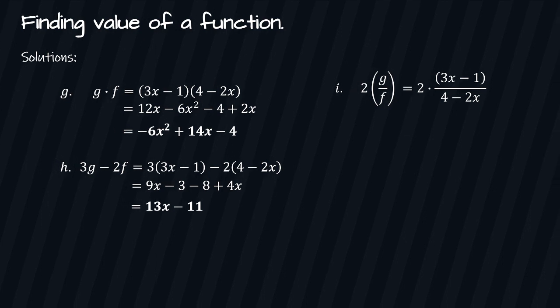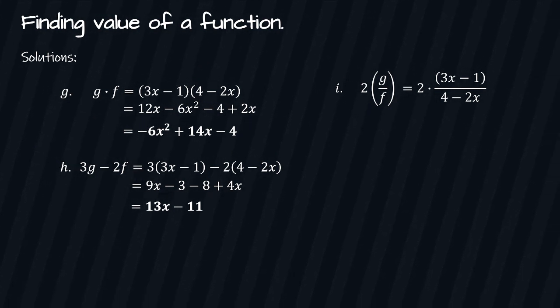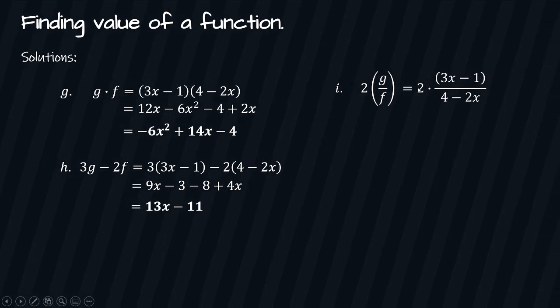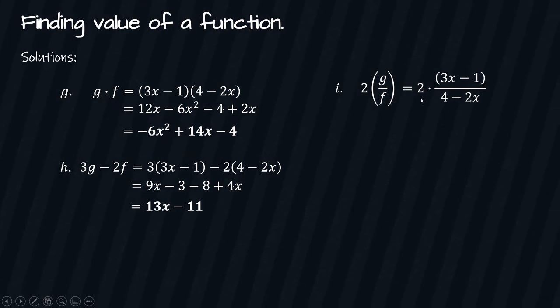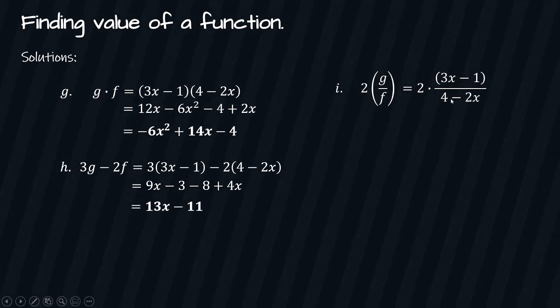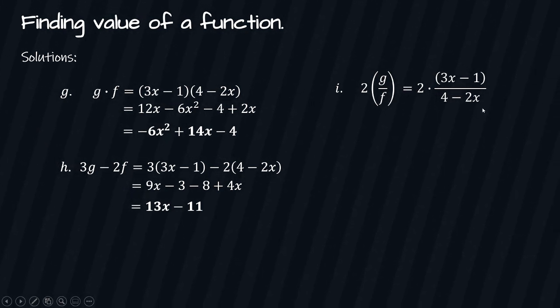Then we proceed to 2 times the value of g over f. Substituting, we have 2 times the value of g of x, which is 3x minus 1, over the value of f of x, which is 4 minus 2x.